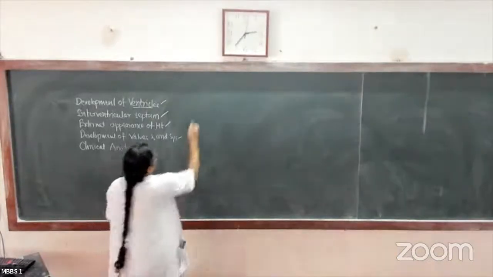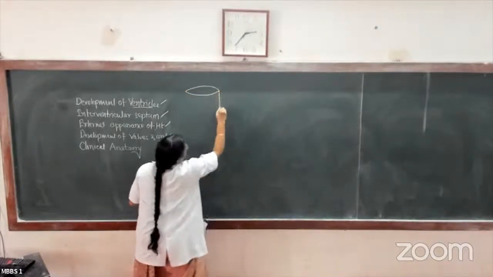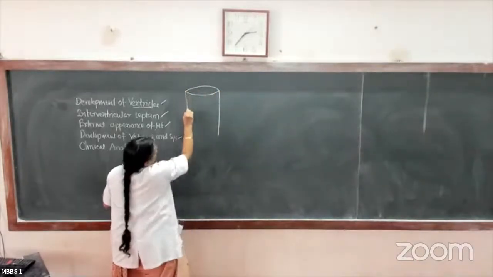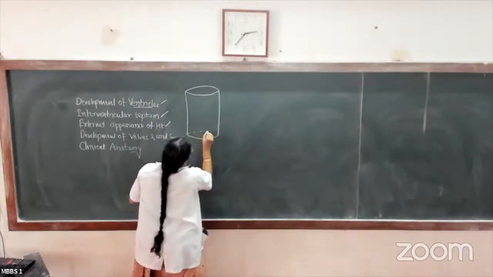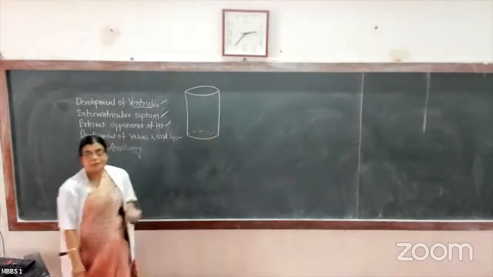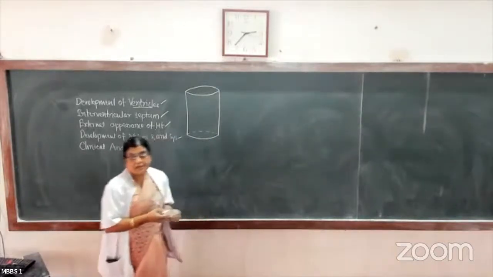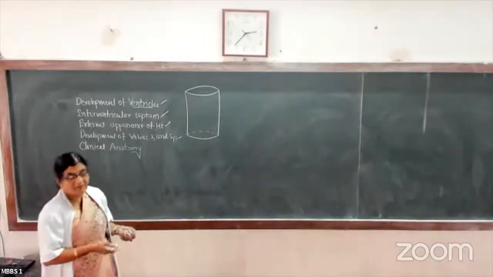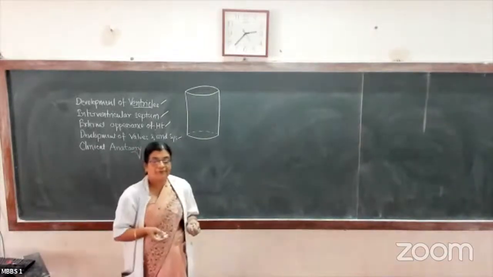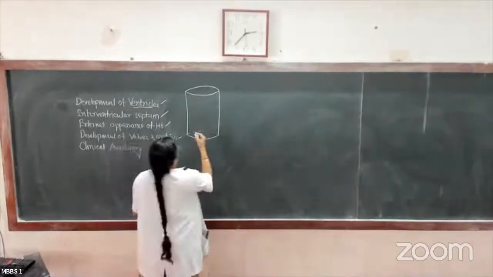Suppose this is the truncus arteriosus. In this will develop a spiral septum. This spiral septum comes from the neural crest. Not only the spiral septum, the bulbar septum and semilunar valves are also derived from the neural crest.